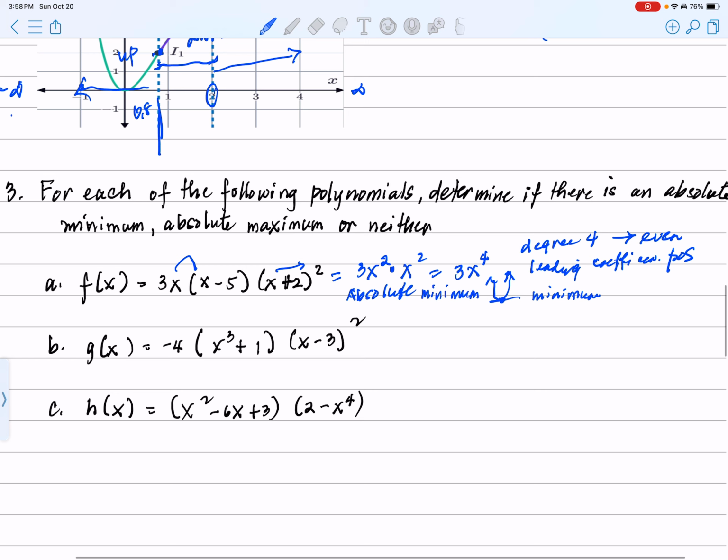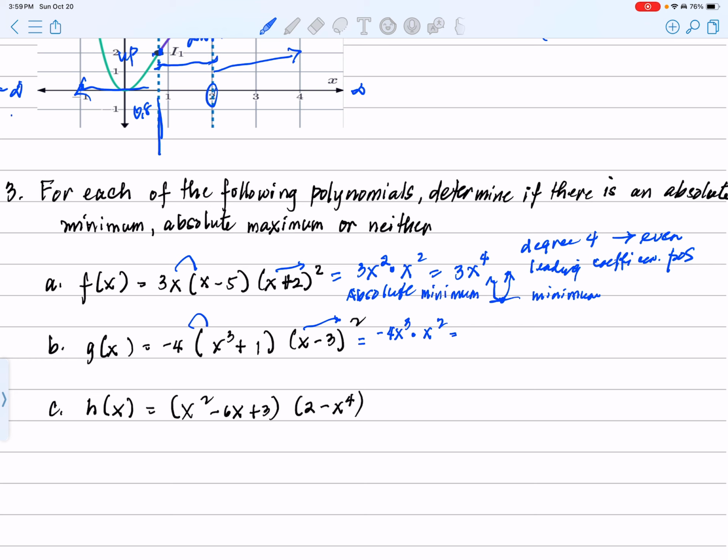Same thing here. Let's look at the degree. Remember, we have a negative leading coefficient. So it's still in a factored form. So that would be 4x to the third power, then raised to the second, x to the second.